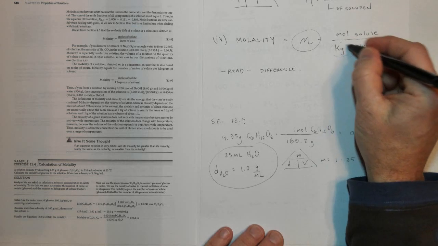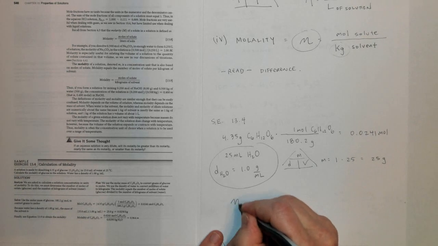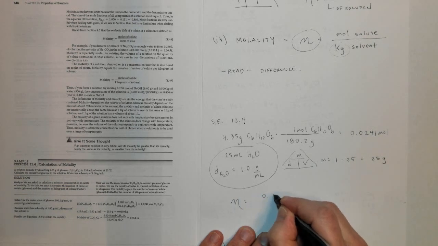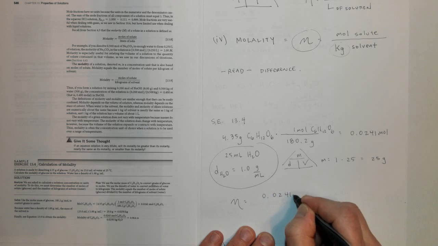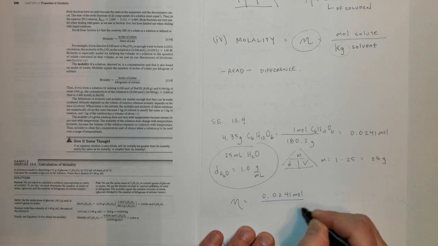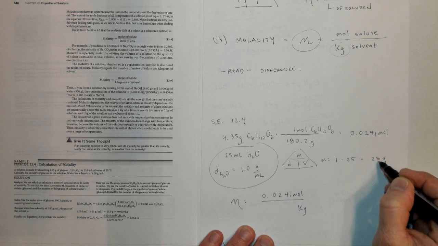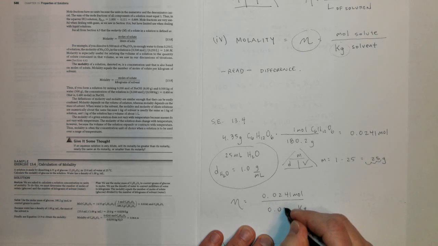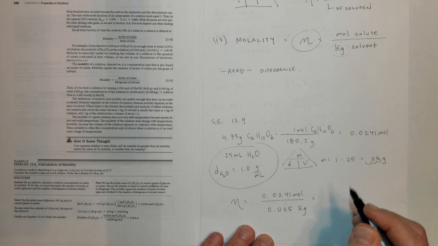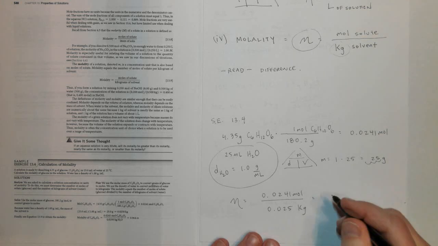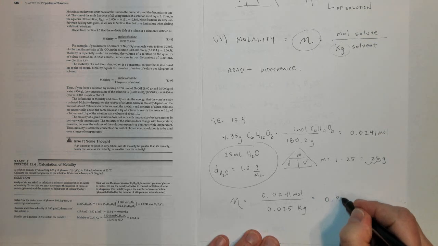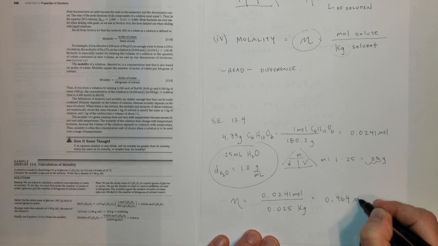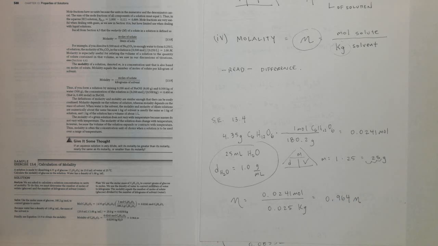Notice it has to be in kilograms though, so when we find the molality now, we would do 0.0241 moles divided by the kilograms of the solvent, and grams to kilograms would be 1, 2, 3 to the left, or 0.025 kilograms. Dividing those two would give us a molality of 0.964, and then we use a script letter M to indicate molality.